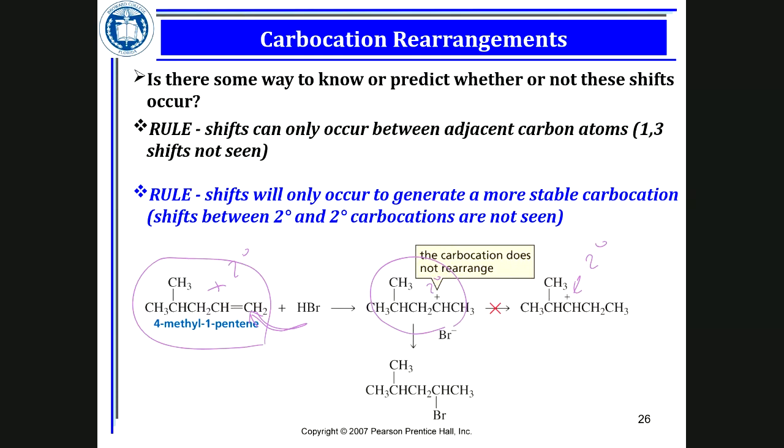Rearrangement will take place if the order of carbocation is changing, if it's going from primary to secondary or from secondary to tertiary. In this case, the carbocation that forms is already secondary, and the rearrangement is going to give you another secondary, so there is no benefit. It's not going to happen.